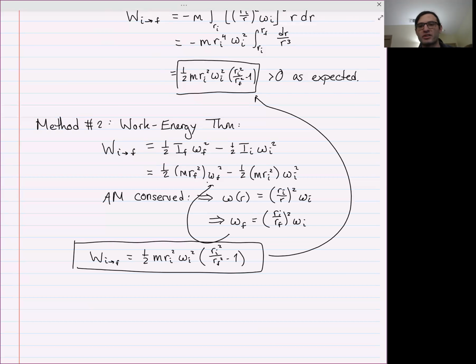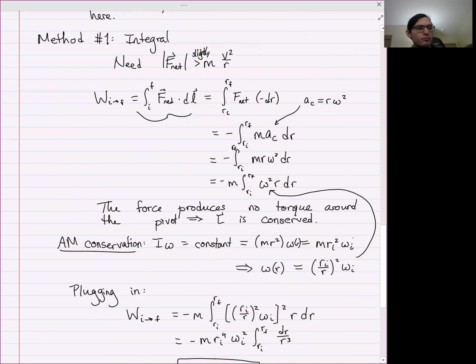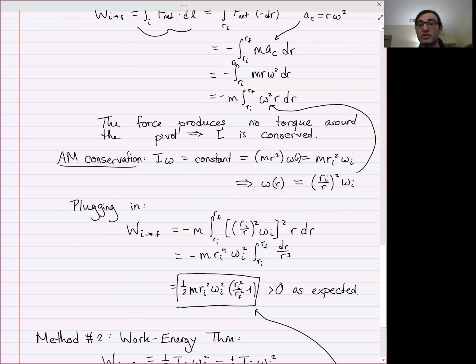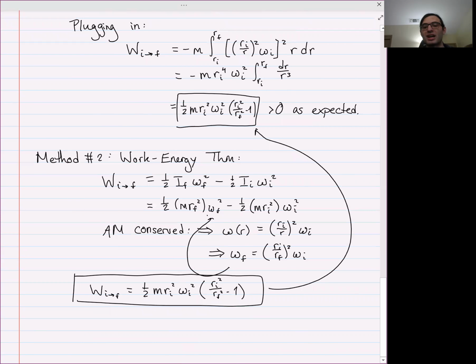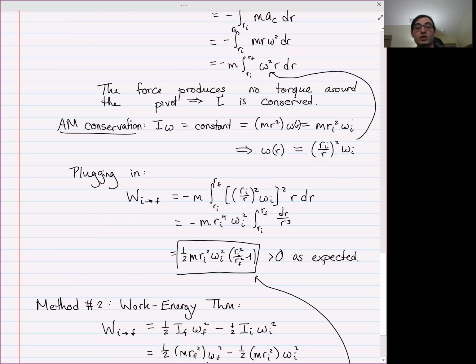The whole takeaway from this process of calculating the work done is that sometimes problems that might seem otherwise hard, like how would you compute the work done without knowing what angular momentum conservation was, wouldn't work, right? You wouldn't know what omega sub f is or what omega as a function of r is.